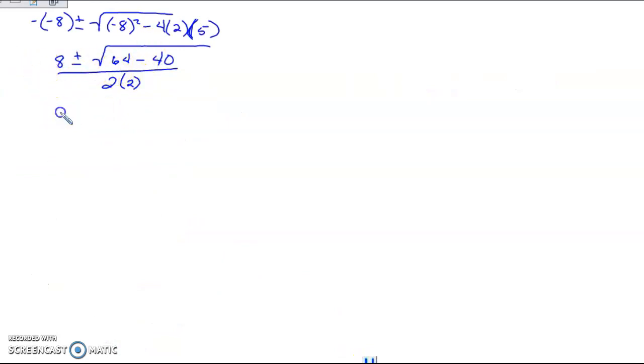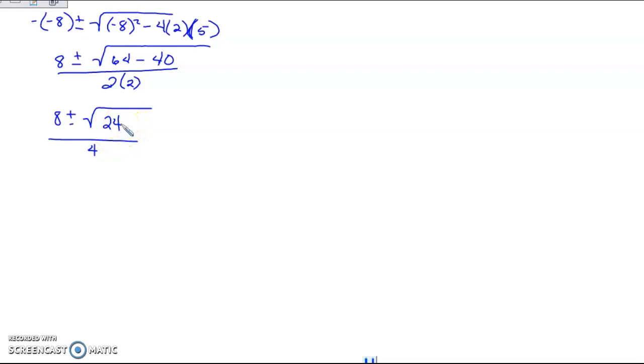So if I rewrite everything, 64 minus 40, I get 24 over 4.